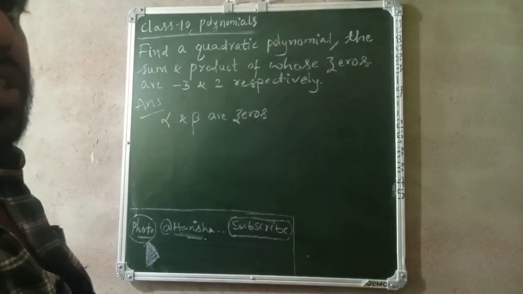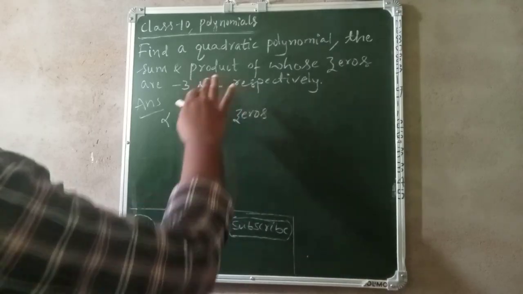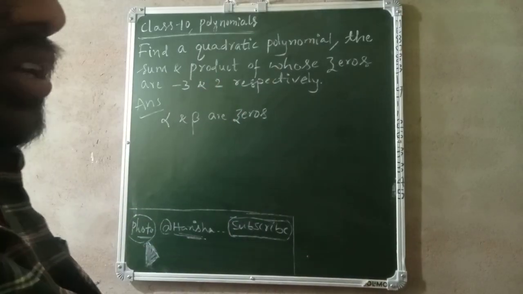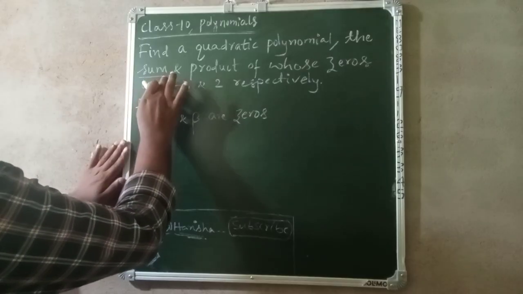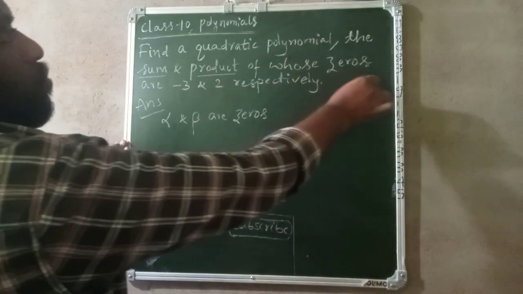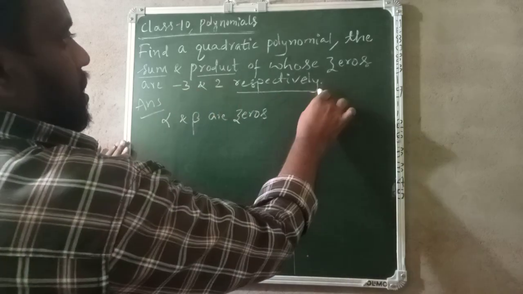Some students wrongly take alpha is equal to -3, beta is equal to 2. That is wrong actually. So just read the question. They have given the sum and product of those zeros as -3 and 2 respectively.